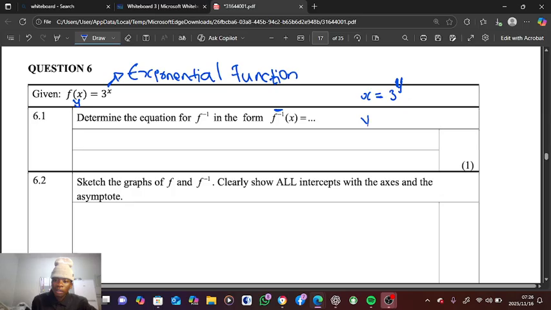We're going to have y is equal to log base 3 of x. This is the same as 3 to the power of y is equal to x. So our graph is log base 3 of x. Then we are done here.